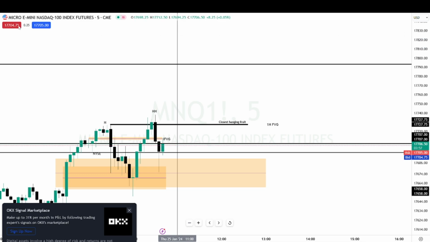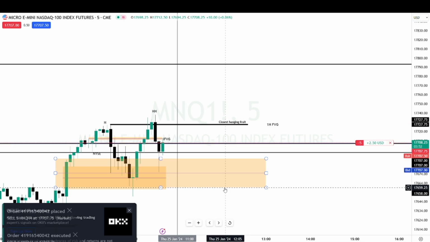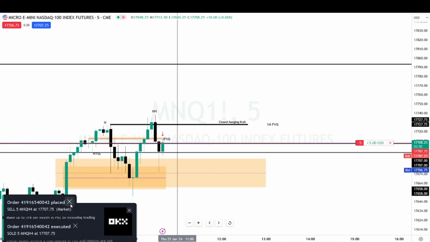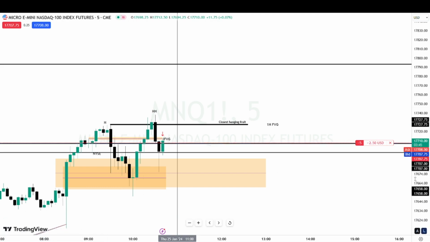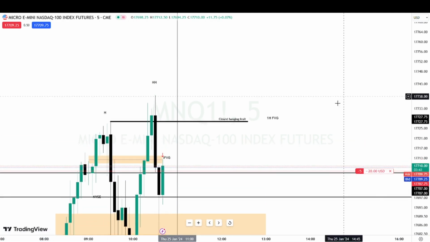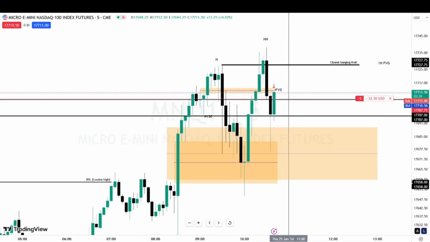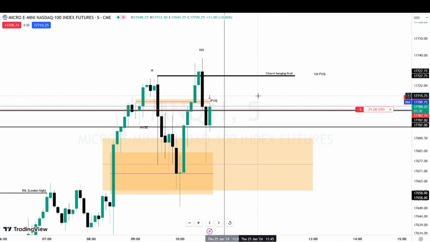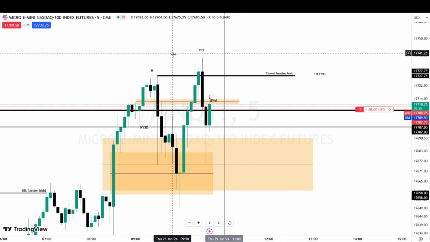I am willing to risk this one sell, and go for the closest hanging fruit. I should have entered on the second candle, guys. For this one, I shouldn't have rushed. I should have entered on the second candle, seeing price coming in here. Then this is how I will manage.